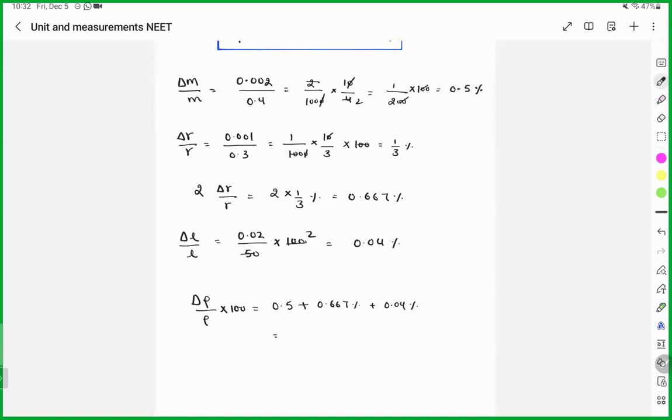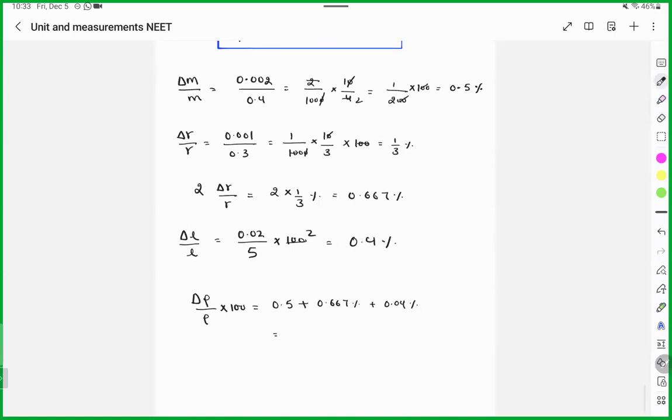It was 5. One main thing where we made a mistake is this. This was 5. In this case, unit does not matter because units cancel out with each other. So 2/5, it will be 0.4%.